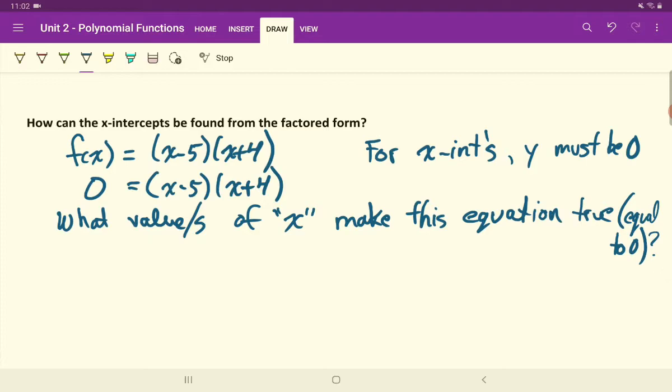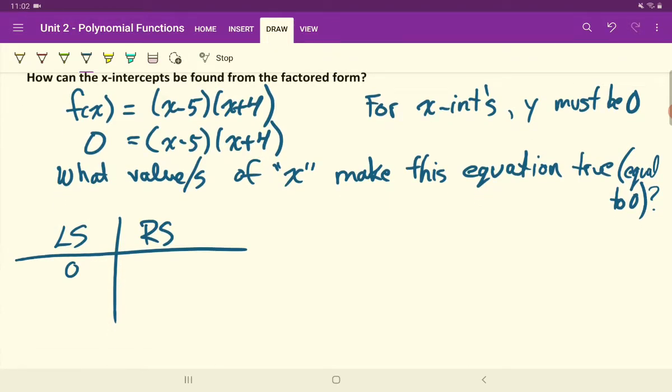So we're able to do this now in factored form. We can actually figure out which x values will make the equation equal 0, but will make left side equal right side, which is 0, right? So if my left side is 0, how can I make my right side equal 0? What value or values can I substitute in for x to do that?